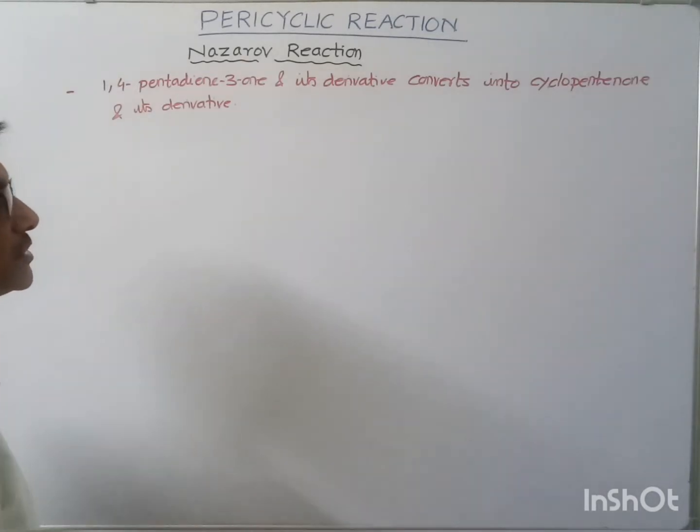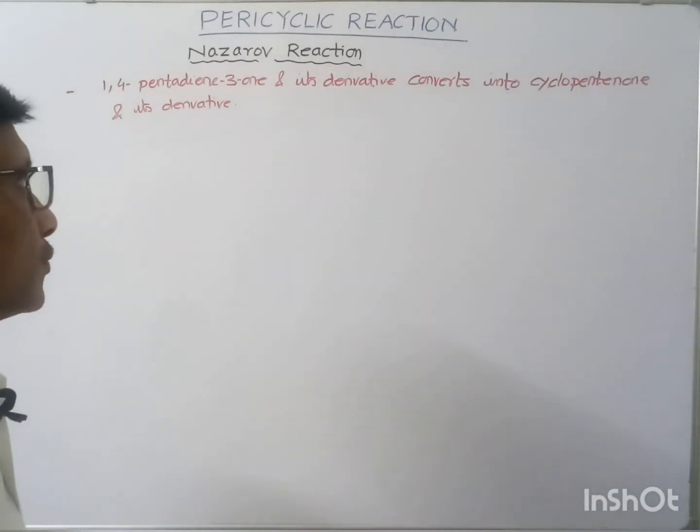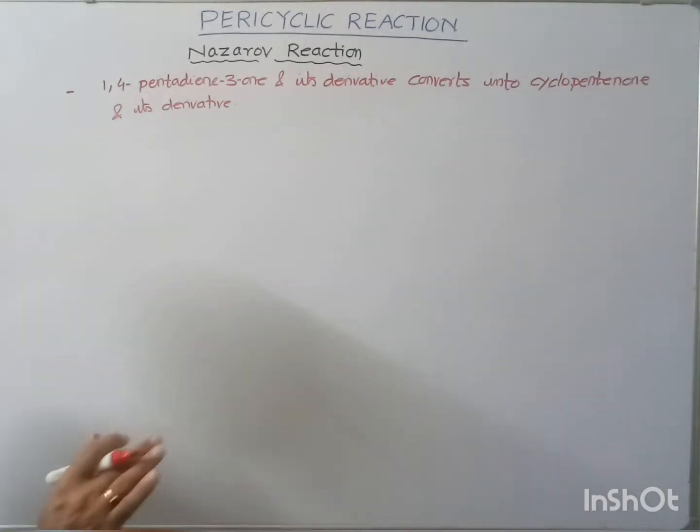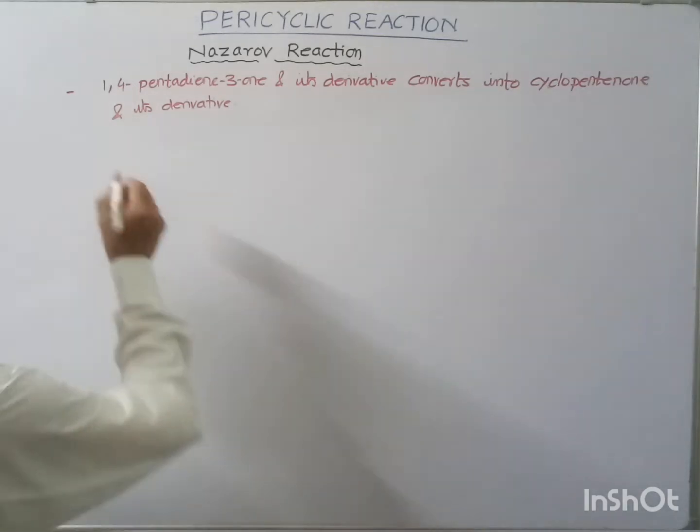Okay, so this is an example of electrocyclic ring closure, and this is an example of a 4n electron system.